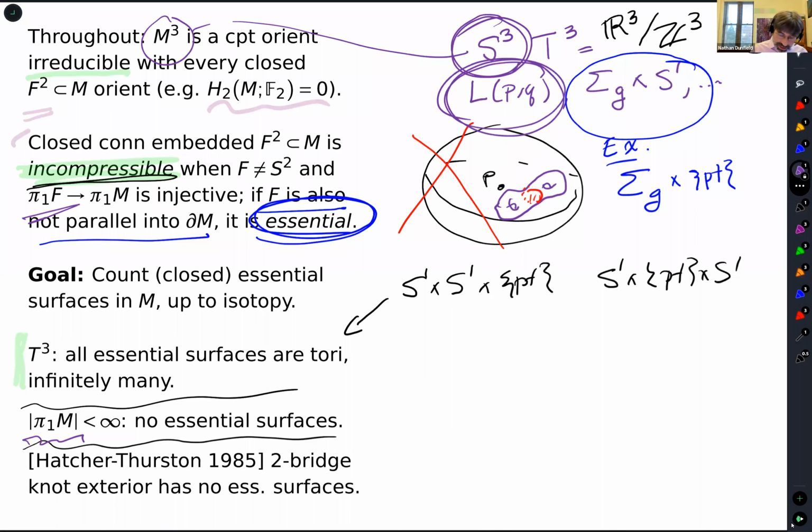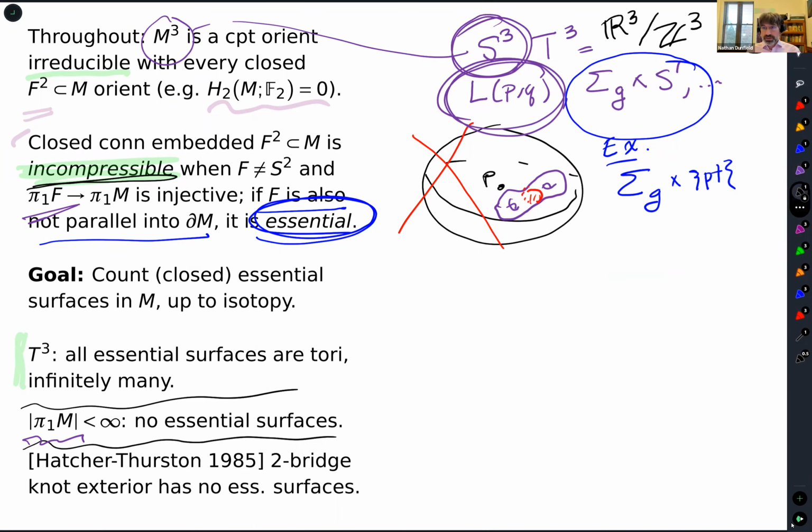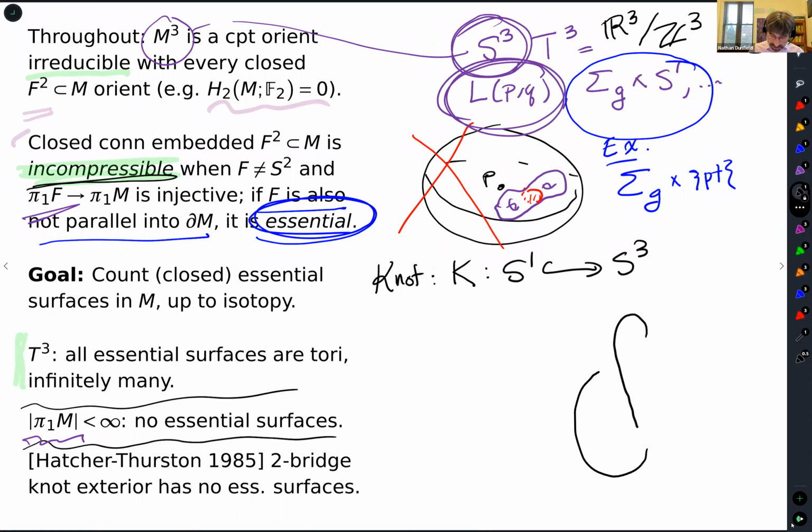Another family of examples where it's 0 that will be important for us: one way to make lots of 3 manifolds with boundary is to take a knot. That's a smooth embedding of the circle into the 3 sphere. So I'll draw here the figure 8 knot.